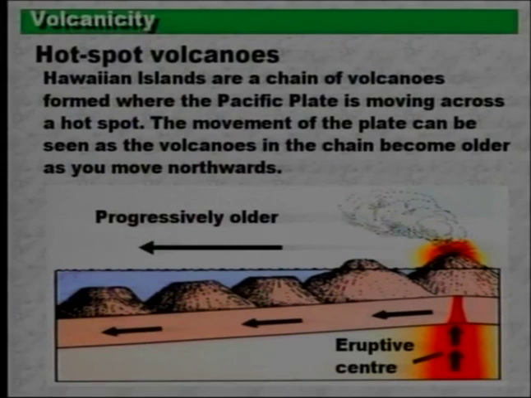As a result, if we look at the chain of islands in Hawaii, we tend to find that the further towards the north we go, the older the volcanic rocks are. The main island on which Mauna Loa sits is the island which is directly above the hotspot, resulting in the formation of the active volcano known as Mauna Loa on that island.